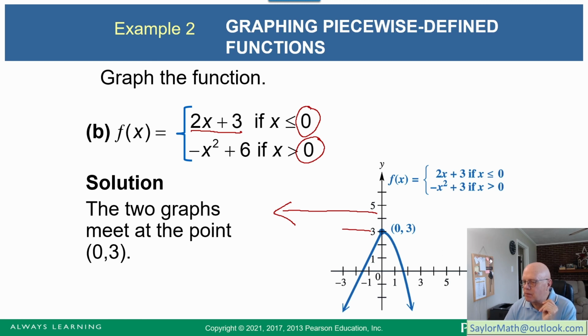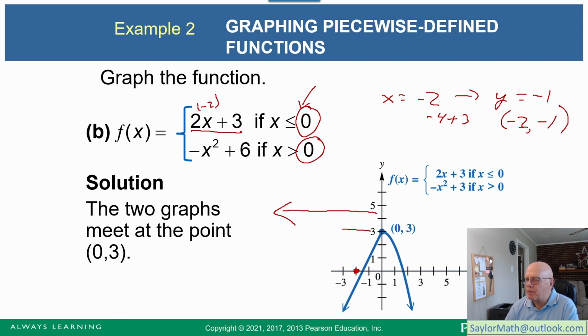So let's suppose we take x equals -2. Now -2 is one of these numbers. So you put the -2 in for x. That'll give you -4 plus 3. So this gives you a y value of -1. So one of those points back there would be -2, -1. And that's how you work it.